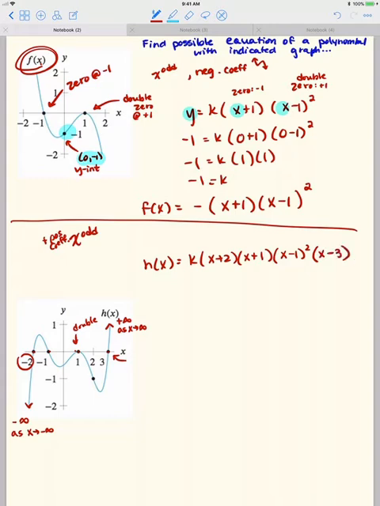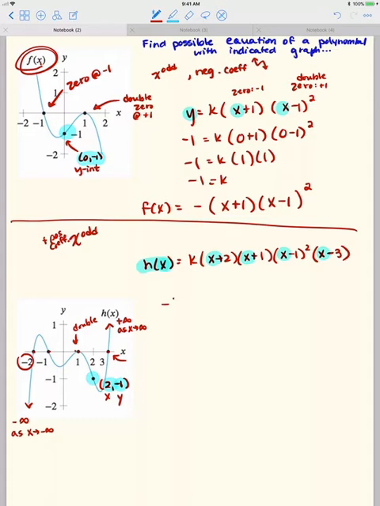Okay, the other thing that's given to you in this graph is this point, and that point is (2, -1), and that's just an xy point that we're going to use to end up finding our constant, which we hope is positive because of the shape of the graph.